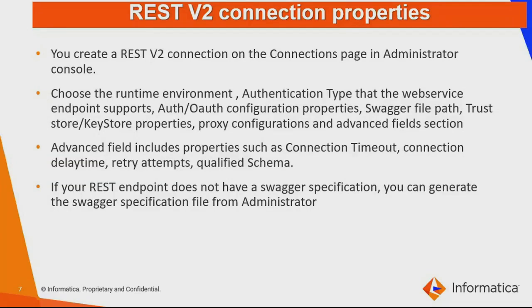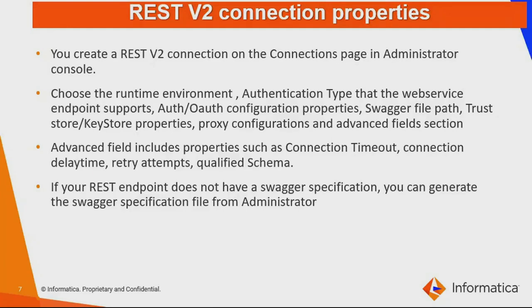After this, you will have to select the authentication type that the web service endpoint you are looking to integrate with supports. Depending on the authentication type, the various configurations at the connection level would change.